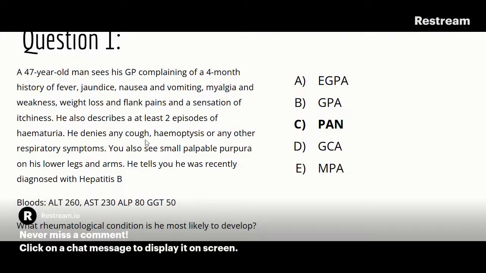He denies a cough, hemoptysis, or any other respiratory symptoms. So eGPA and GPA can be ruled out already, right? Because they are more likely than not going to have respiratory involvement.